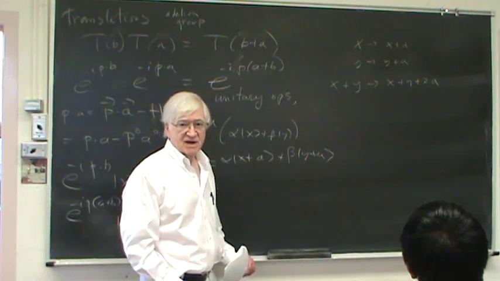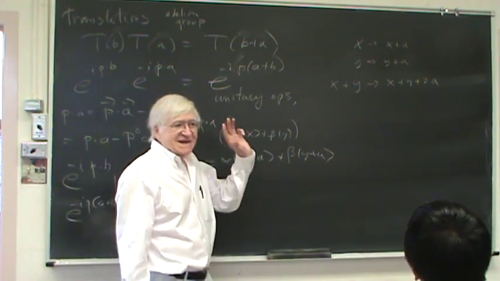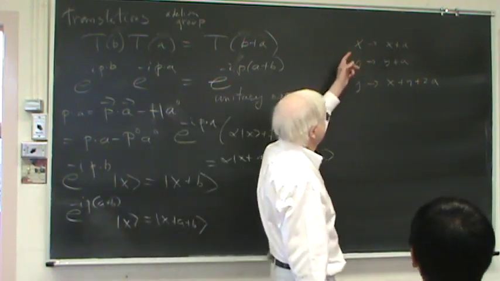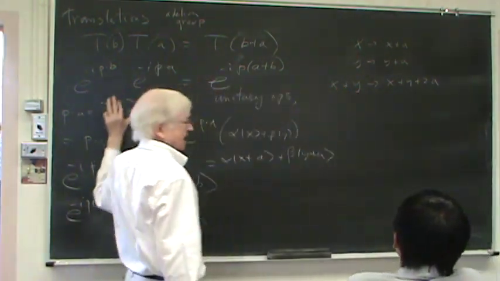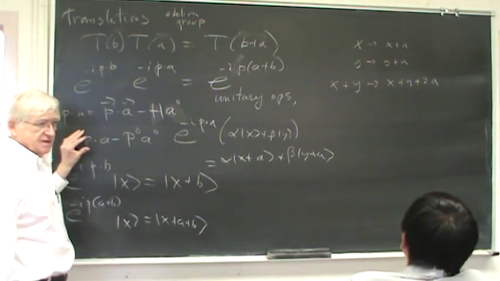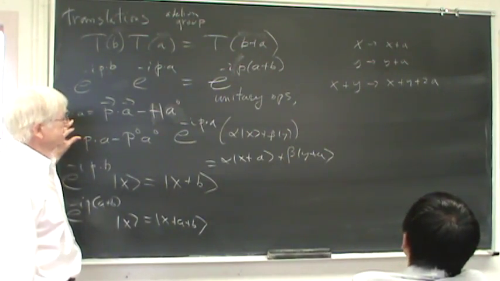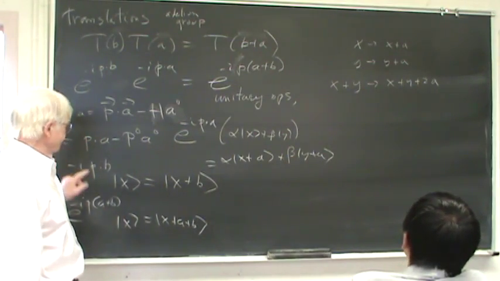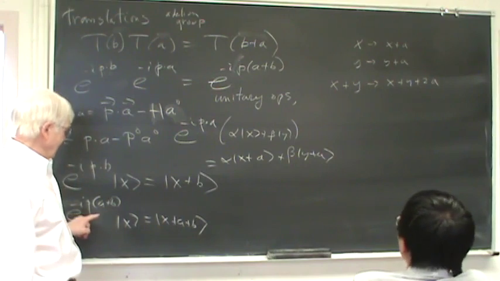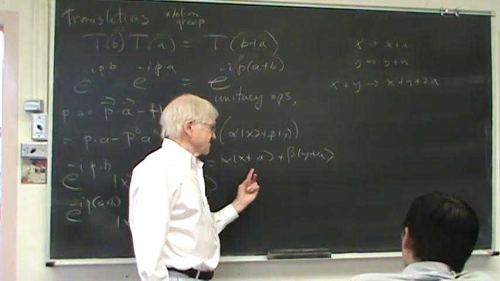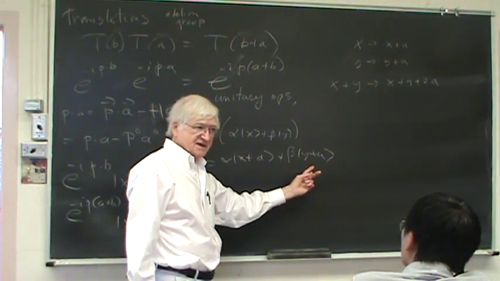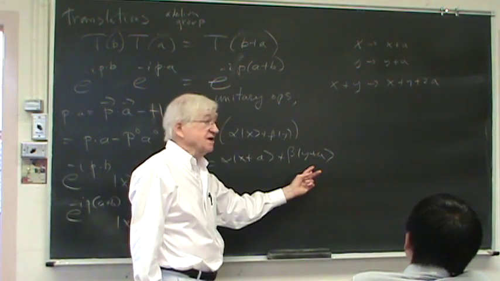Okay, so you must keep in mind that this is not what we mean by the representations of the translations. In other words, if we're acting on two states, each state moves. That's the sense in which it's linear and unitary.